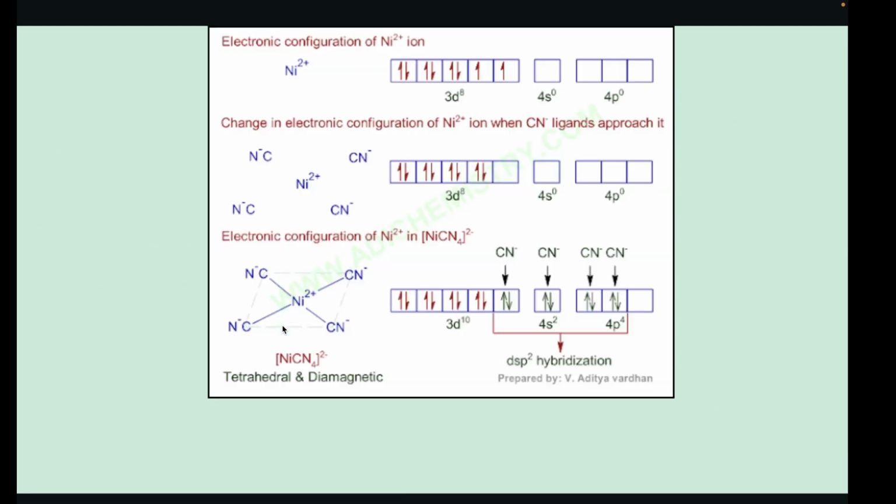Here I am showing the example of tetracyanonickelate, which is a transition metal complex in which nickel has electronic configuration like argon 3d8 4s2.